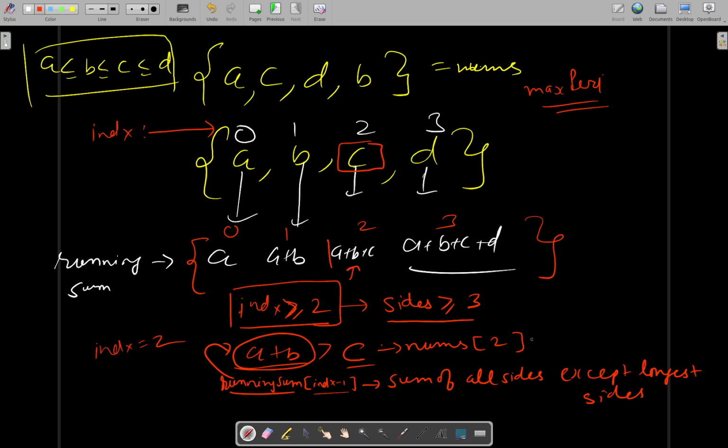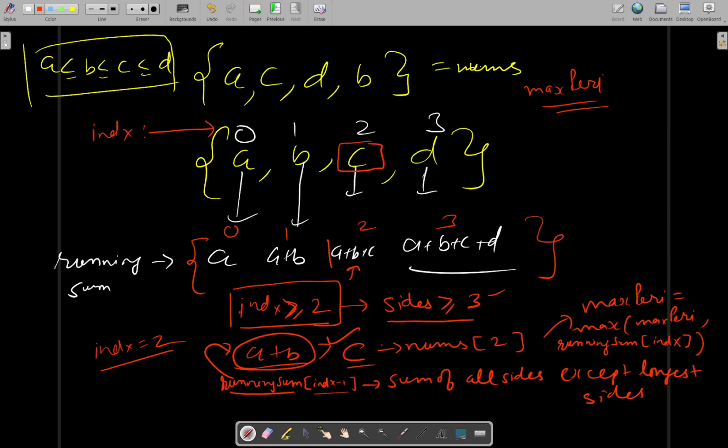If this condition holds true, you will keep updating your max perimeter value. The max perimeter value will be updated with whatever was the previous value, and the running sum value at the current index, which is index 2 here.